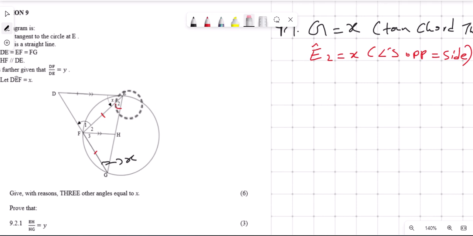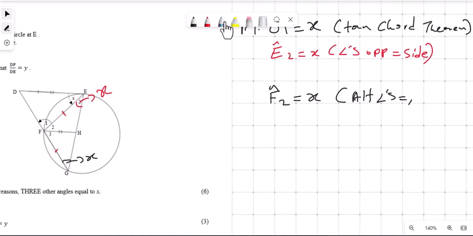Angle F2. Give me a reason. Alternate angles. Yay, you are doing well. F2 is equal to x, alternate angles equal, FH is parallel to what?